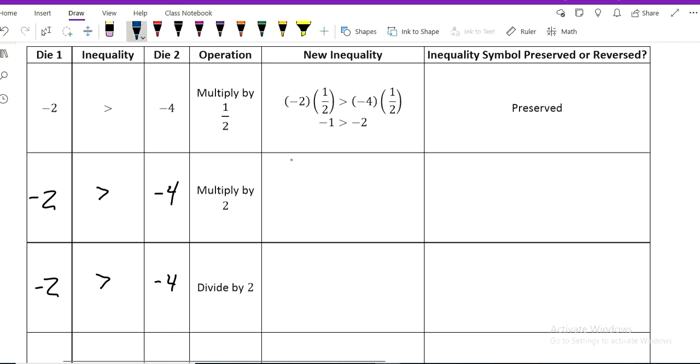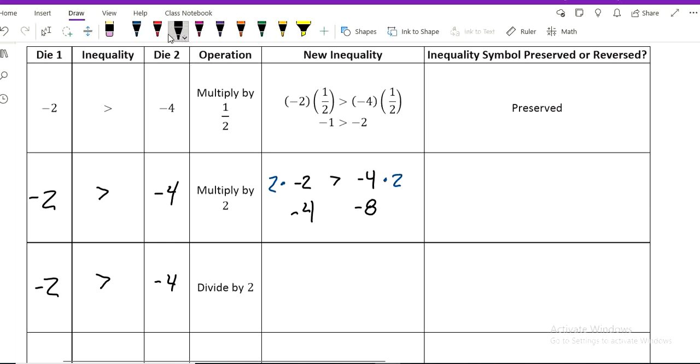So operation number 1 is going to be multiply by 2. So I have to multiply by +2 on both sides. Multiply by +2, multiply by +2. On this side, we will get -4. This side will get -8. Oops, didn't mean to have that written there.